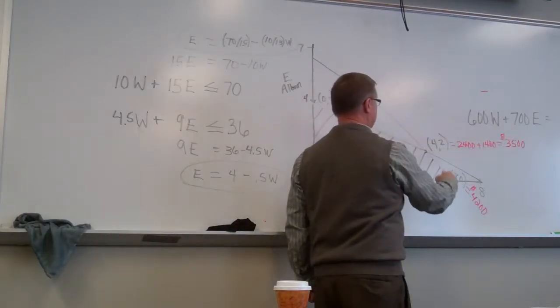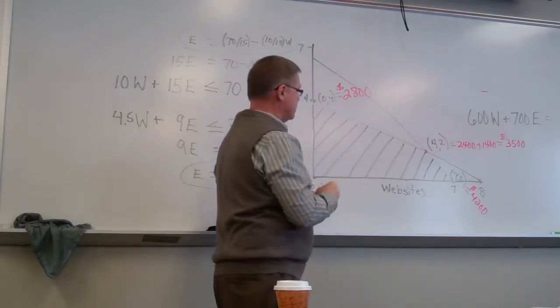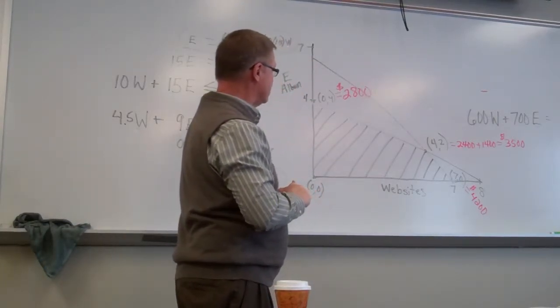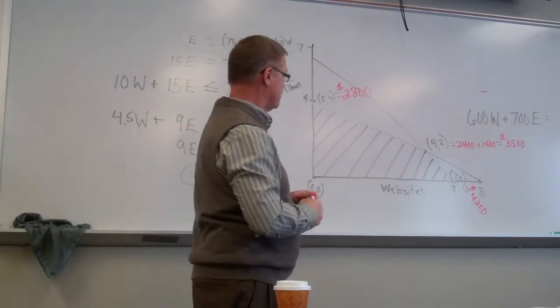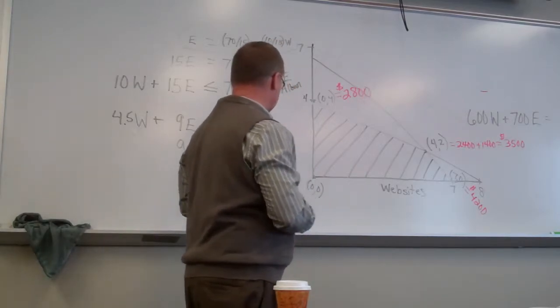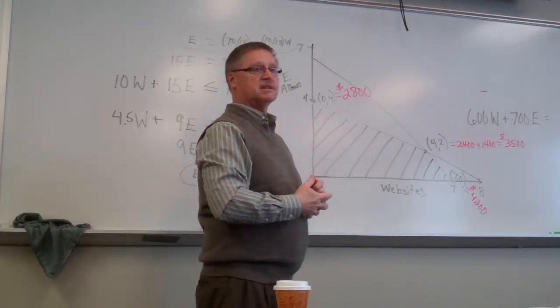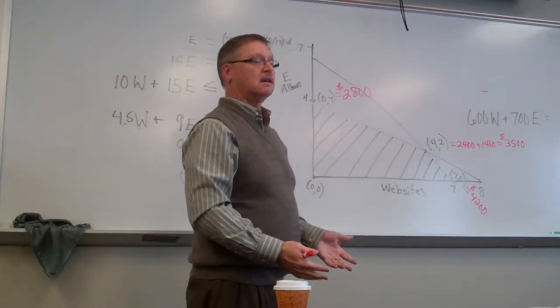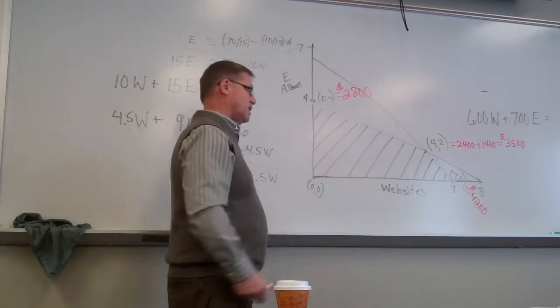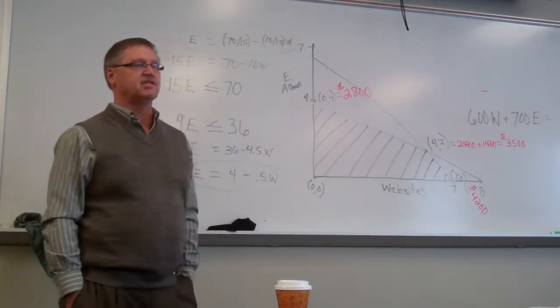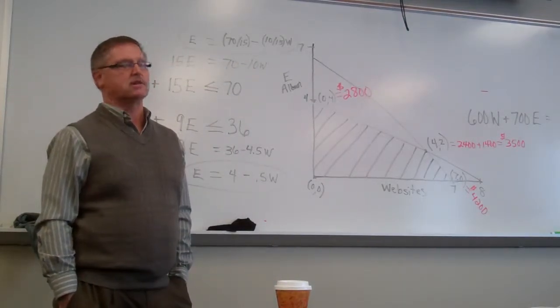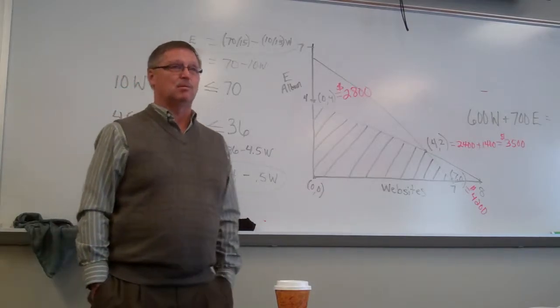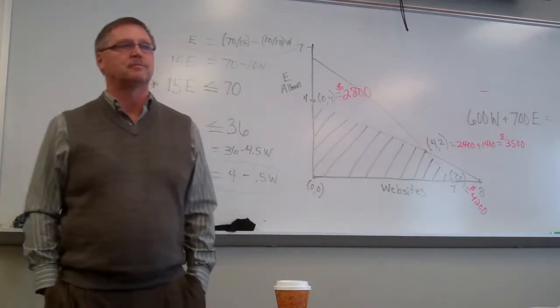So it looks like the best deal for our company is to just concentrate on those websites. Try to do 7 websites with our personnel and what we're good at. The best money is in websites. Given the choice, we'll do websites first, and then we'll do e-albums if we have to.